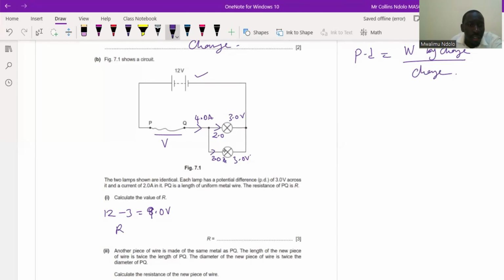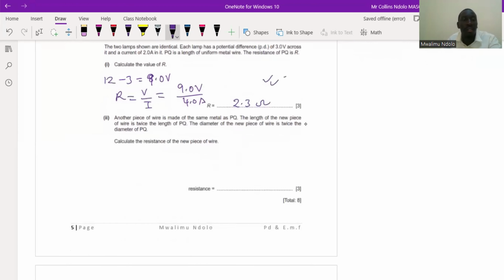So to find R, R is V over I, and therefore 9.0 V over current, and current is 4.0 amps. So that is 9 divided by 4. We get 2.25, which to 2 significant figures is 2.3 ohms. Remember to be aware of the number of significant figures as you're doing your calculations.